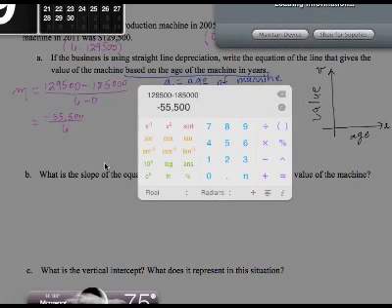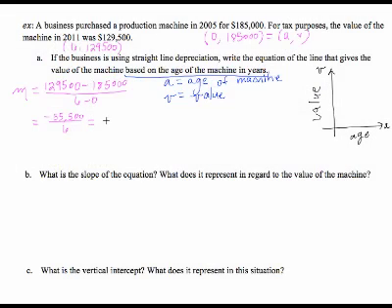Let's see what happens when we divide that by 6. We get negative 9250. Nice. So my slope is a nice whole number.